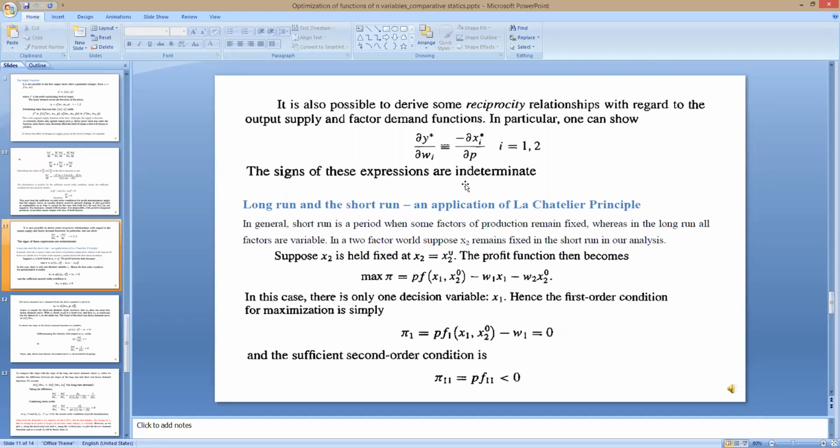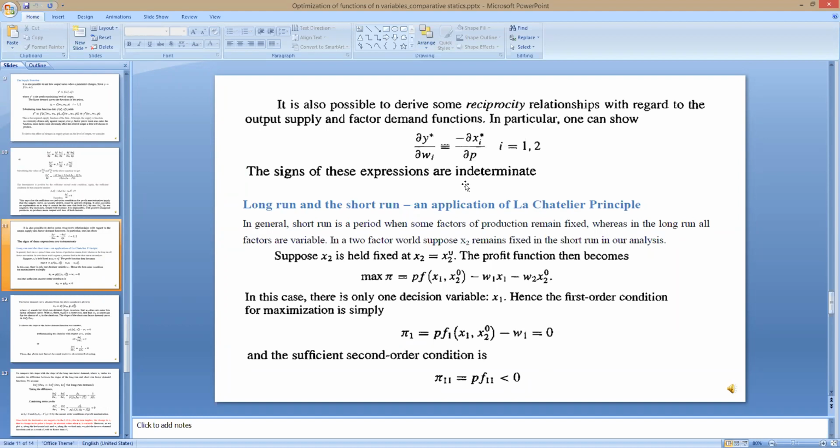Finally, del y star by del w1, del y star by del w2, and the other one which we did, del y star by del p. So 3 plus 3 plus 3. All 9 exercises should be there in your copy.